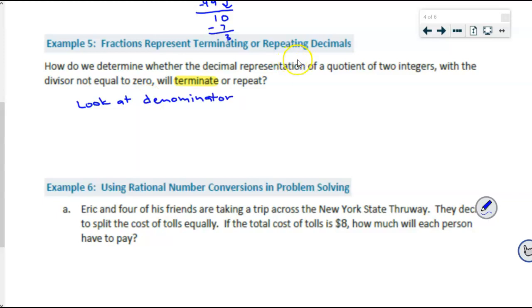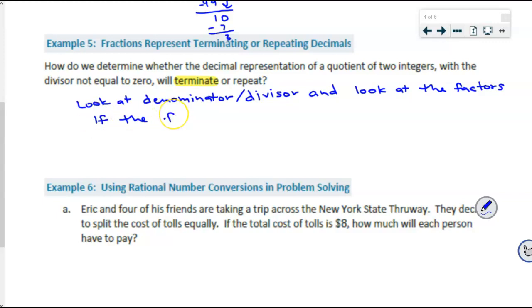Yes, I want to clarify that just a little bit. Look at the denominator, the divisor, and look at the factors. You're right, the magic things to look for in factors are 2 and 5.